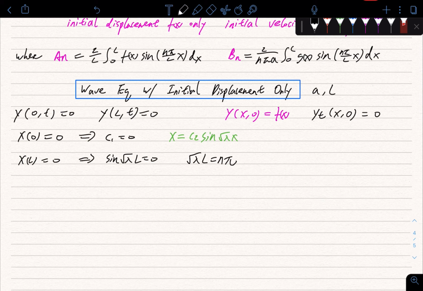Because for sine to equal 0, the value inside sine has to equal n pi. So square root of lambda becomes n pi over L. This is important, so let's make that pink. And then lambda equals n square pi square over L square.